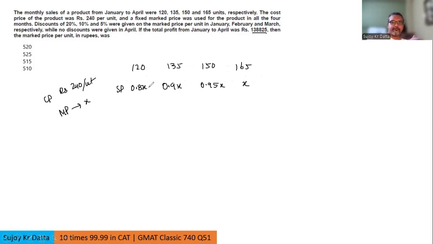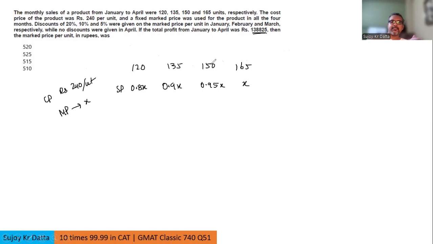So since the number of units are all different, what we'll have to do is we can always reduce the whole thing by 5, multiply it out, and then scale it up again by 5, or divide this thing by 5 and make it slightly easier to work with.